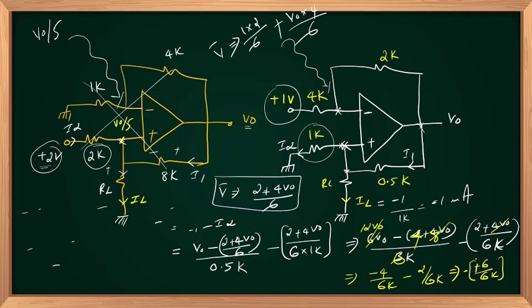So that is nothing but minus 1 milliampere. As expected, 1 volt divided by 1K is 1 milliampere. So 6K upon 6 upon 6K is nothing but 1 milliampere, and there is a negative sign. So as expected, the current is minus 1 milliampere.